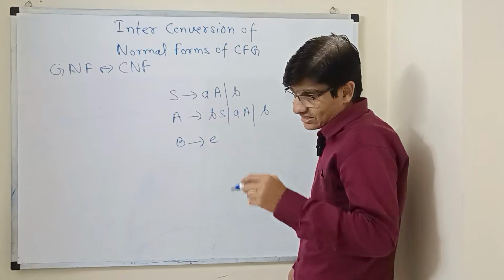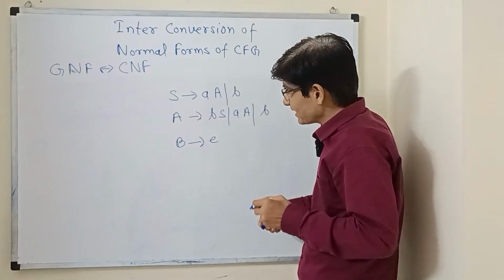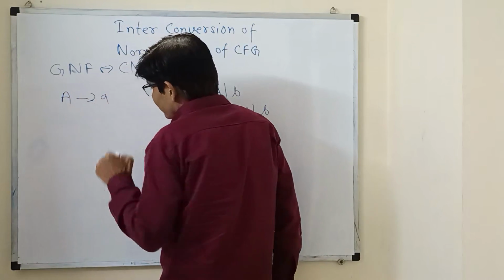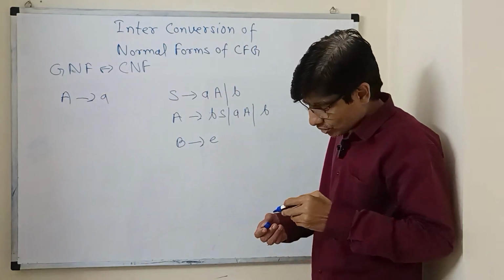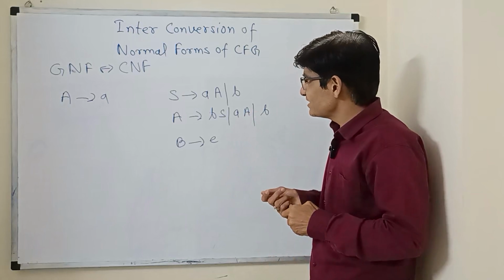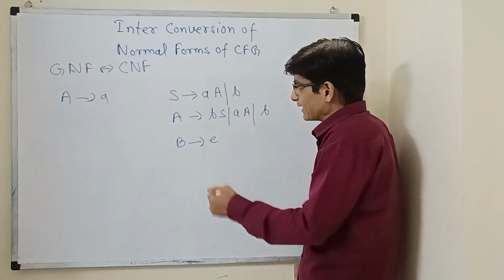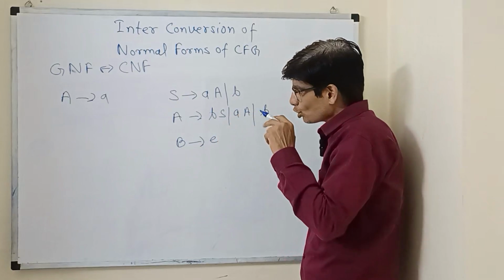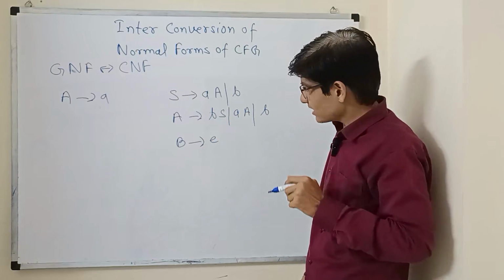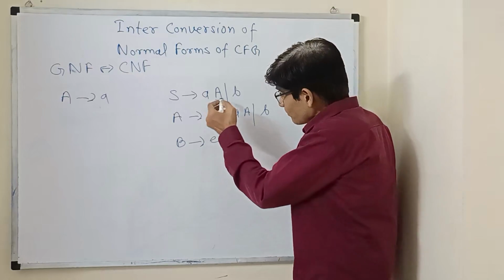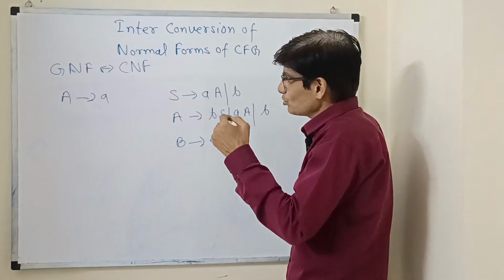In CNF and GNF both, some common form is allowed, which is A gives small a. So this is allowed in both normal forms. So some productions of this grammar are already in GNF and CNF also, like S gives B, A gives B, and B gives E. So all these productions are already in GNF and CNF. Now the remaining productions we need to convert into CNF.